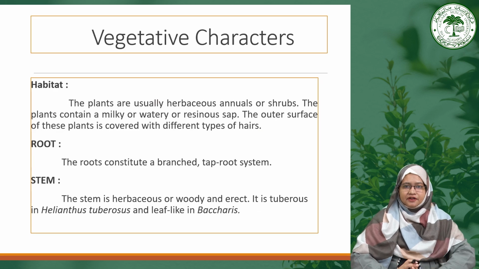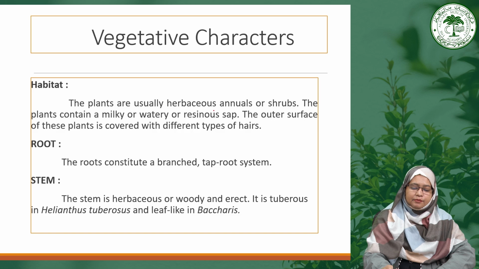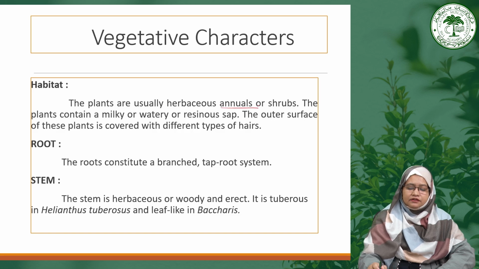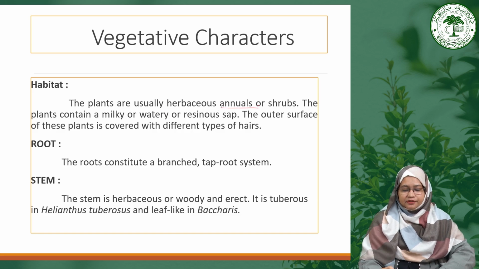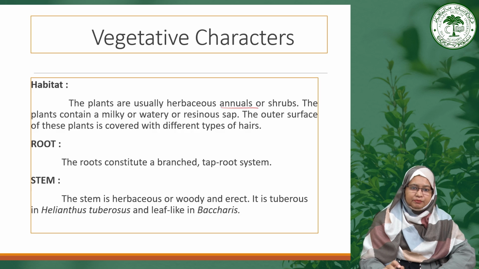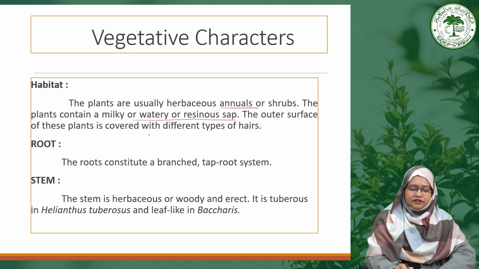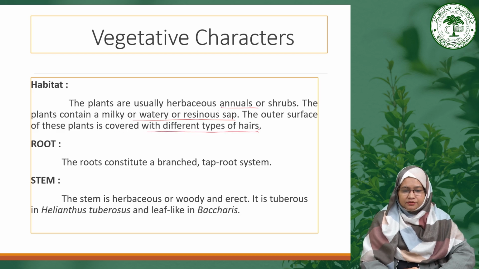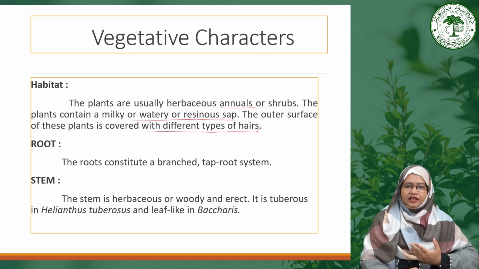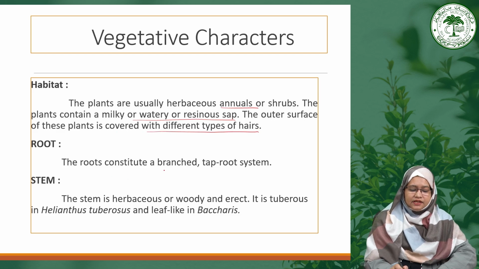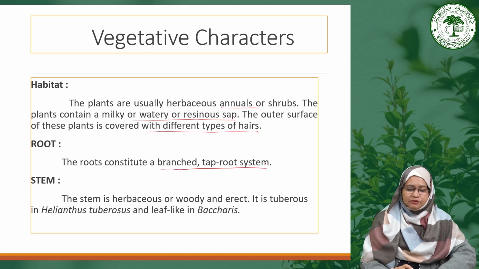If we see the vegetative characters of the family Asteraceae, generally the plants are herbaceous and annual. Sometimes they may be shrubs. The plant contains a milky or whitish resinous sap in the body, and the outer surface is covered with different types of hairs, so they have trichomes all over the body. The root is generally a taproot system because it is a dicotyledonous plant.